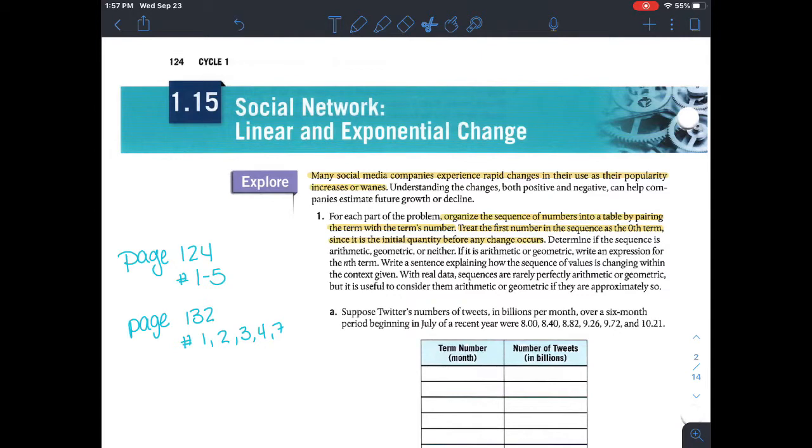So for this first one, suppose Twitter's numbers of tweets in billions per month over a 6-month period beginning in July of a recent year were 8, 8.4, 8.82, 9.26, 9.72, and 10.21. Wow, that was really hard to read those numbers. Okay, so they told us to treat the first number in the sequence as the 0th term.